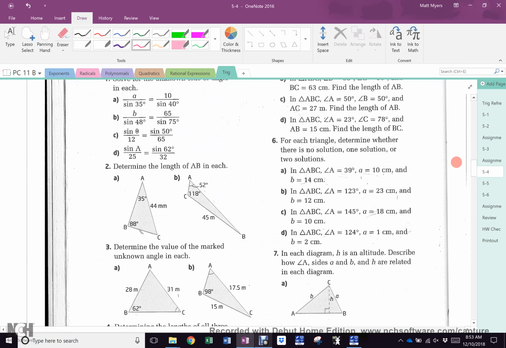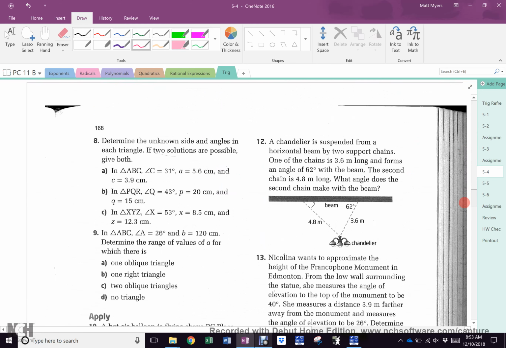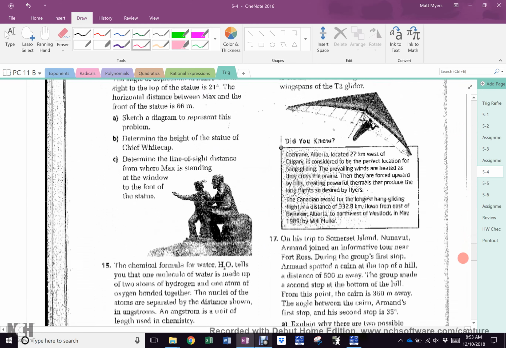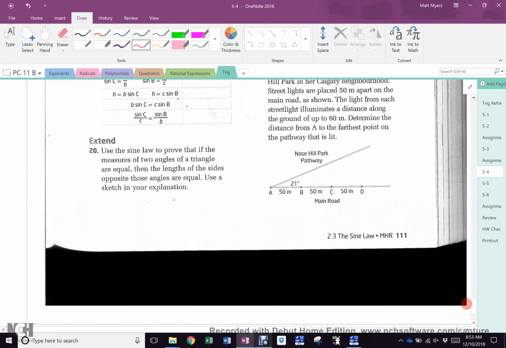Does anybody want to ask any questions about 67 and 68 and 69, apparently, and 70? Anybody want to ask about any of these? Obviously, you don't have the right answers, but it's easy to check, right?